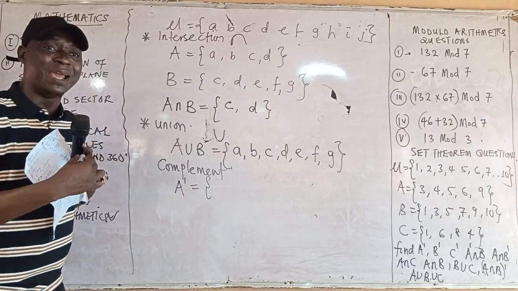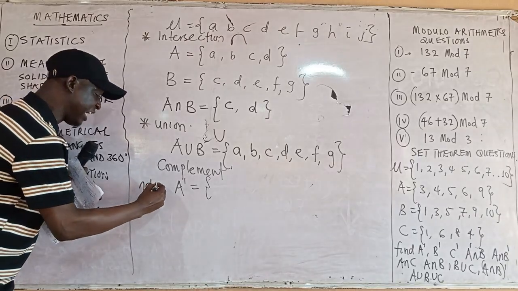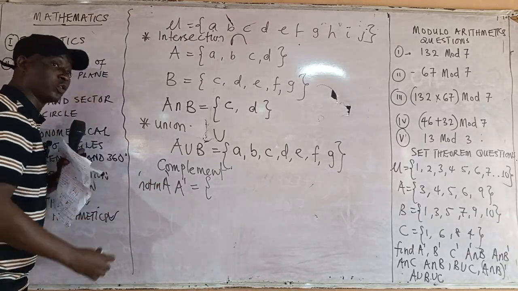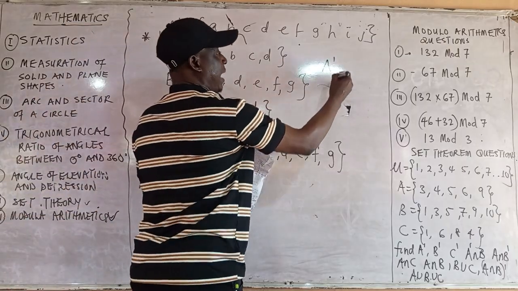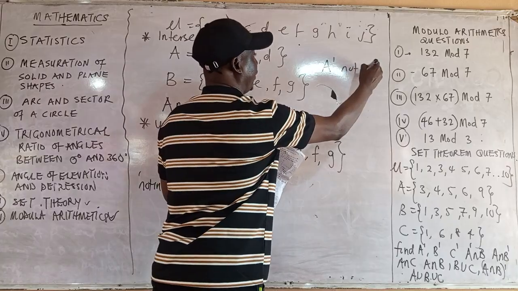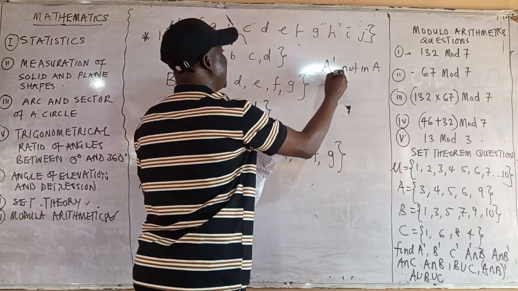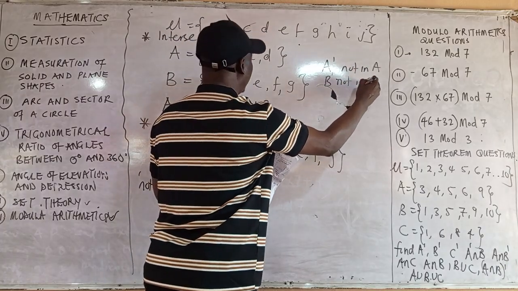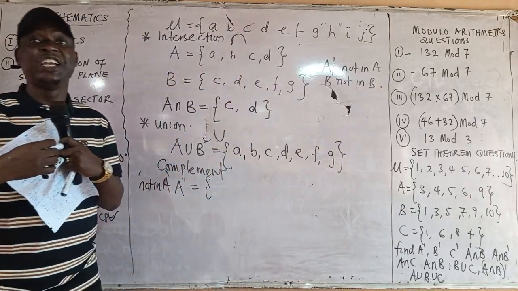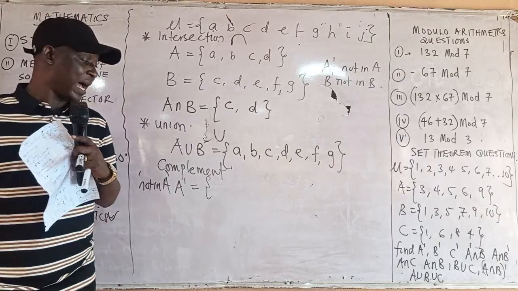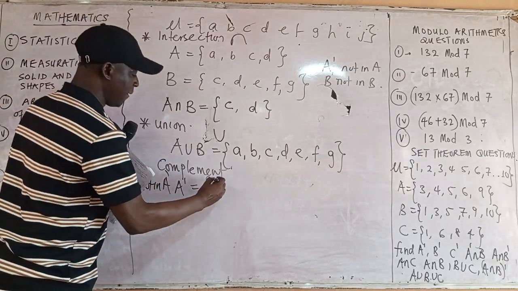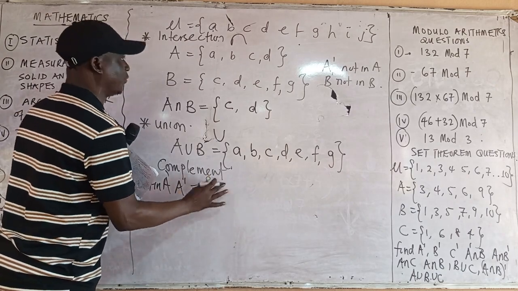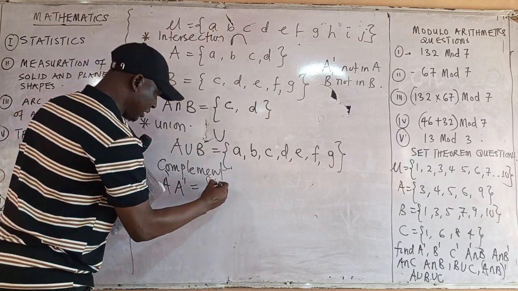So A complement means not in A. In notation, if I write A prime, it means not in A. What about B prime? Not in B. That is the language we use for that. So what is the complement of A? Quickly. B can never be part of it. For B it is E, yes.